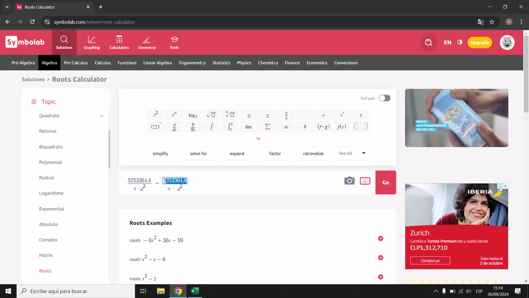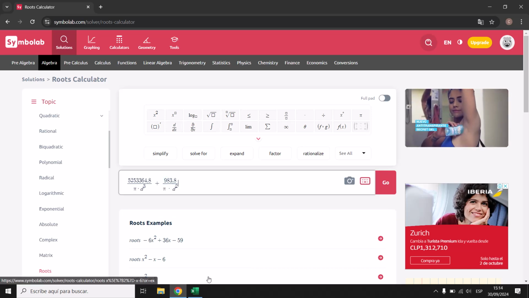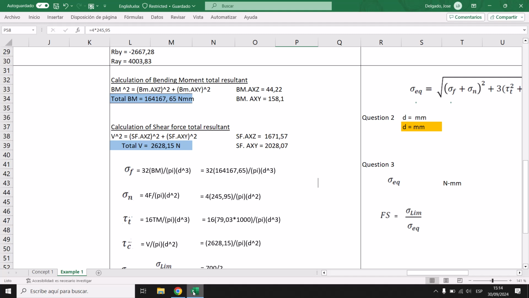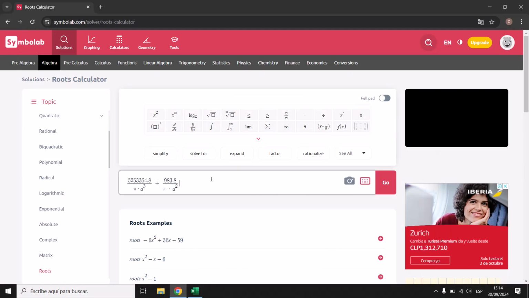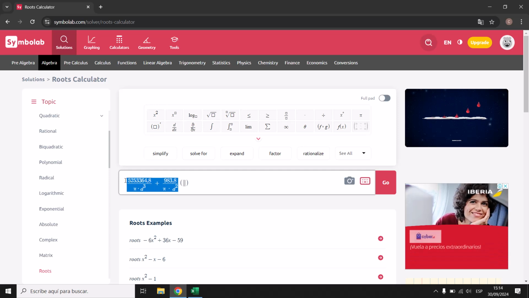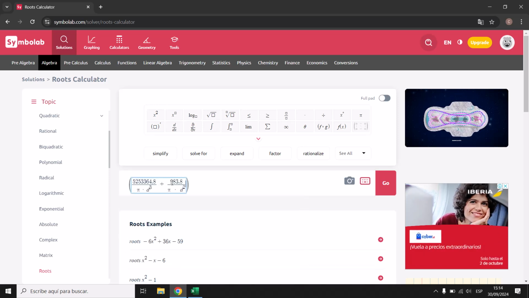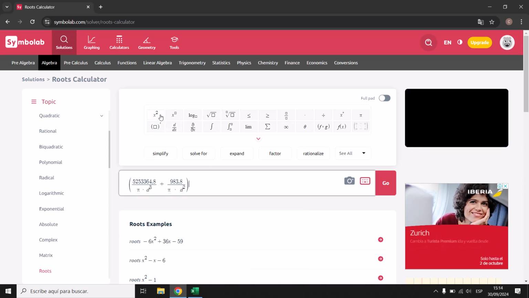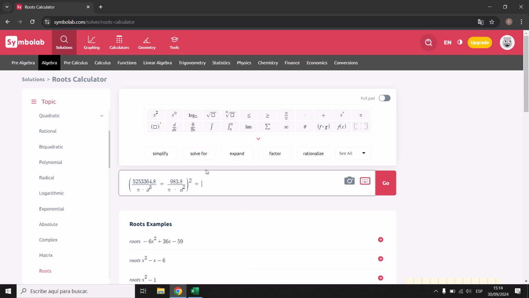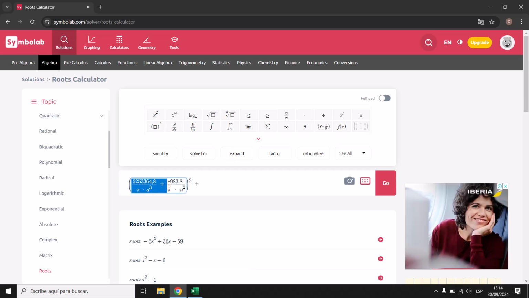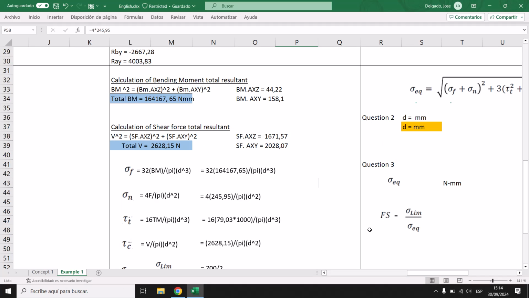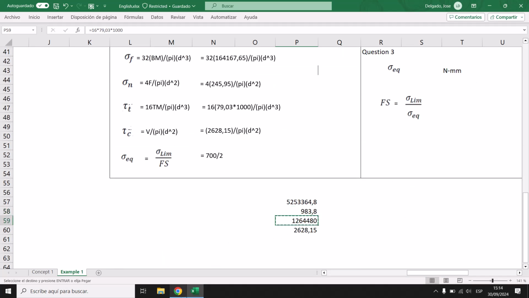And put this information of the von Mises formula here. And all of this we should square: control X, and this we just put squared plus 3 times, as you can see, or I'm just going to put this control C, control V, but for us this new value is going to be this.